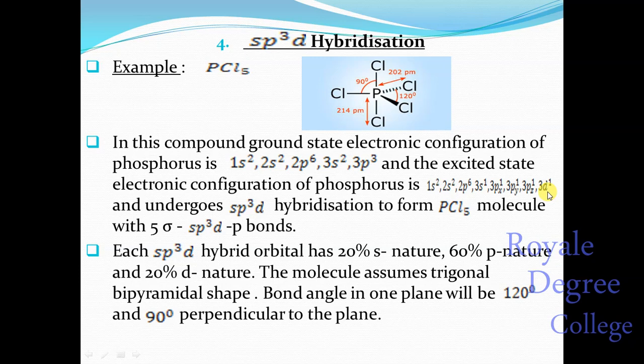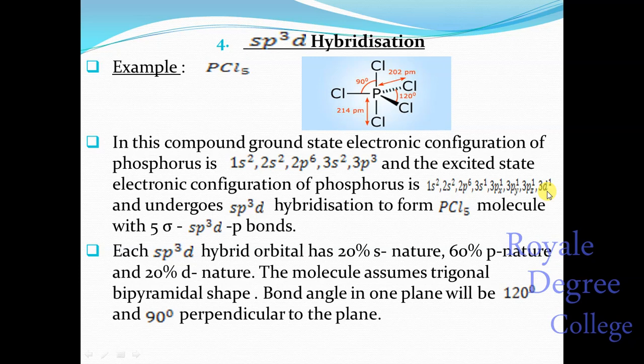It undergoes sp3d hybridization. One s orbital, three p orbitals and one d orbital are involved in hybridization. So it is sp3d hybridization to form the PCl5 molecule with 5 sigma sp3d-p single bonds.